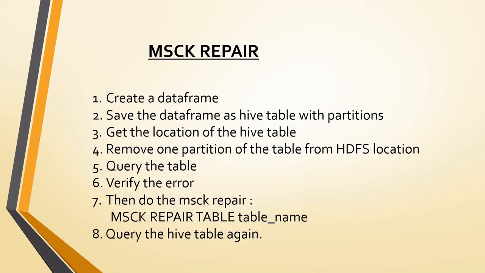Instead you can do this MSCK repair, because when you are doing it manually you can do refresh, but when something is happening through a Spark job, the Spark job is modifying some partitions of the Hive table, then in the job itself you need to make sure that the MSCK repair is done.